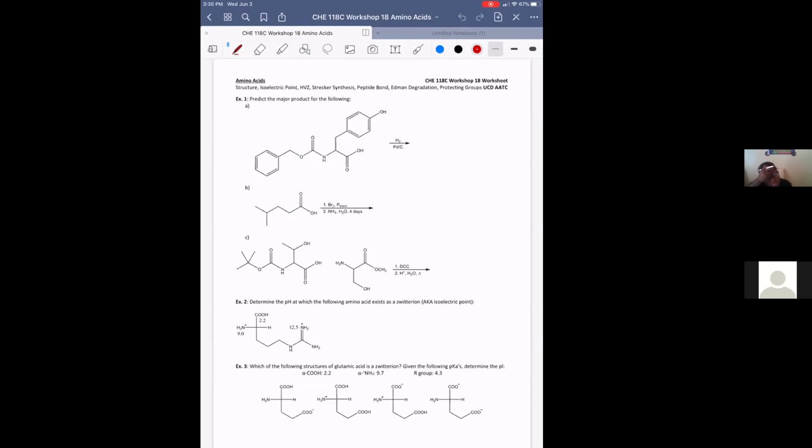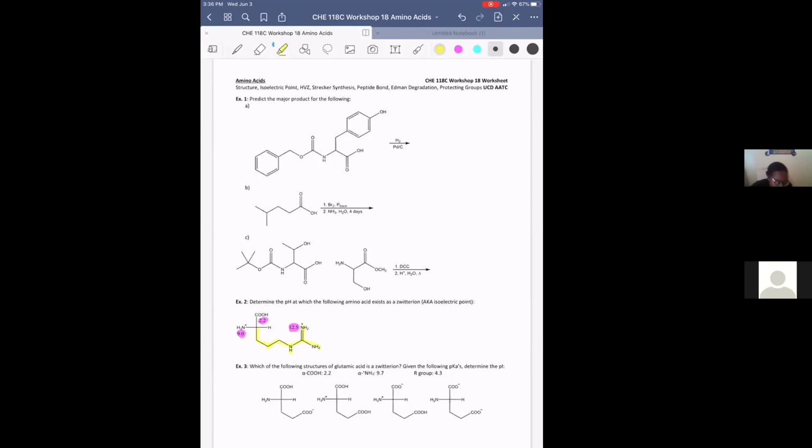We'll look at the pKa's, and in this molecule we have 3 pKa's given: one for our COOH carboxylic acid group, one for our NH3 terminus, and another one for the nitrogen on our side chain. All of this is considered to be the side chain of our amino acid, and on our side chain we have a high pKa of 12.5, which means it's basic.